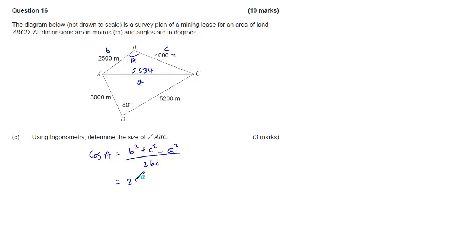So that's going to be 2,500 squared plus 4,000 squared, take away 5533 point, let's use a more accurate figure than we did before, squared, divided by 2 times 2,500 times 4,000.